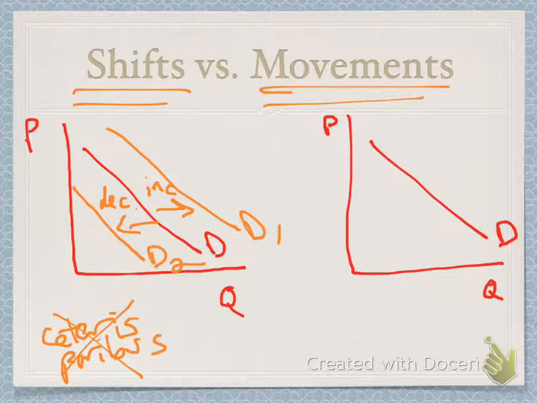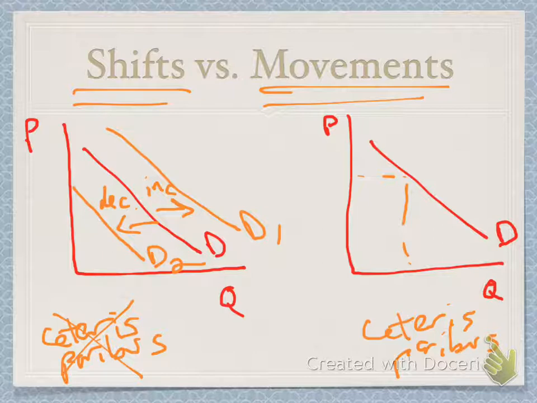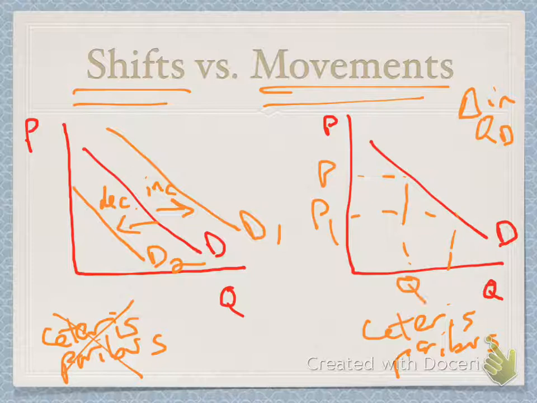But over here, a movement, this is still ceteris paribus. This we'll call a change in quantity demanded. As you lowered the price from P to P1, the quantity demanded increased from Q to Q1.